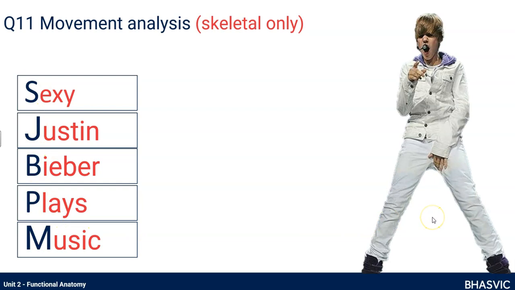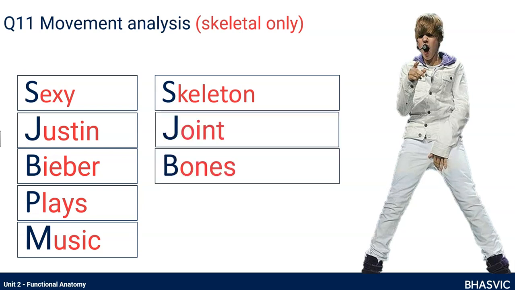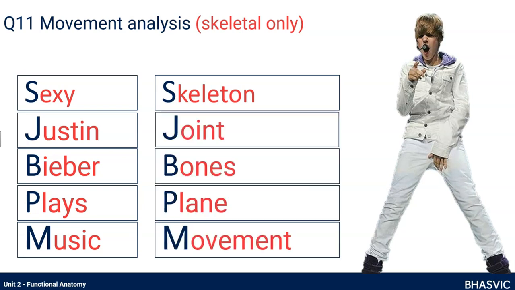Now, what's that got to do with the skeletal system? It is just a silly acronym that relates to the key bits of fundamental knowledge that you must have to get a reasonable answer in question 11 and question 12 for that matter. So let's have a look at what we mean by these. Skeleton, joint, bones, plane, movement.